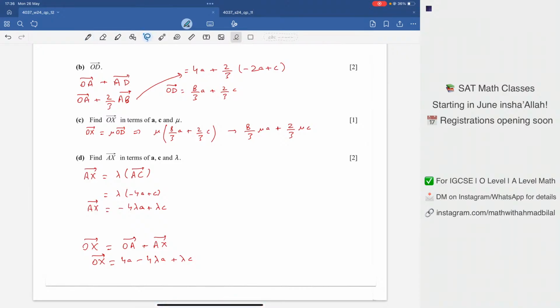So now OX could be written like this, and it could also be written like this. That means they should be equal to each other, and that should help us find the values of lambda and mu. Let's do that now.